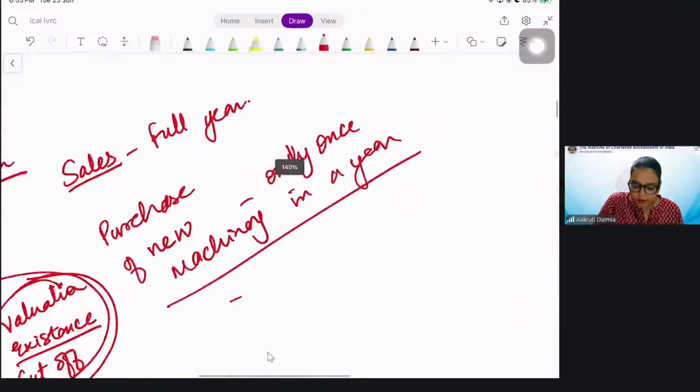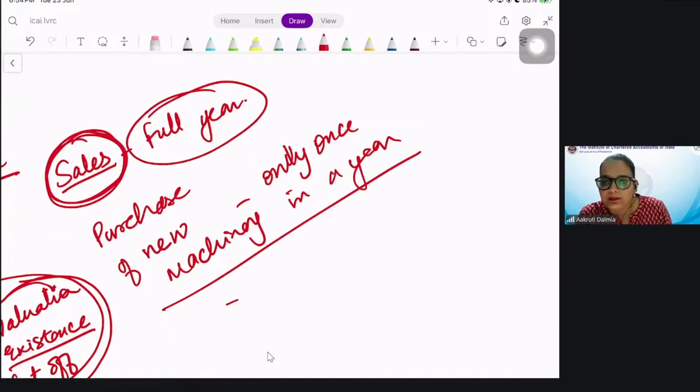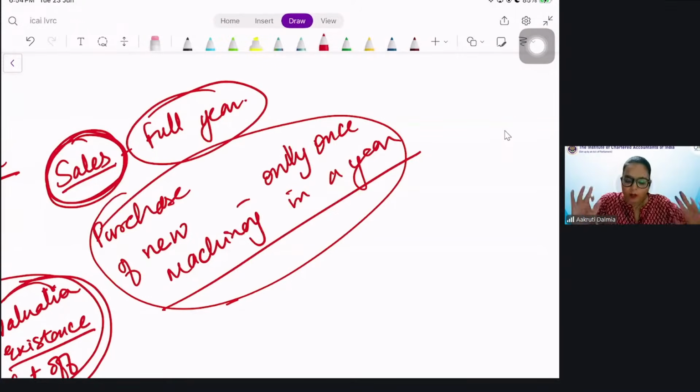As an auditor, I have to rely on the sales related internal control for the whole year, yes or no? If there is a problem in the sales control system, the whole year's sales can get spoiled. If there is a problem in its related internal control, will everything be ruined? No. Maybe here and there a problem will be there, but it will not spoil everything or the whole year. I am telling in Hindi because Sumedh has asked that way. So I'll repeat it in English: if something is wrong in sales related internal control, it can create trouble for the whole year.